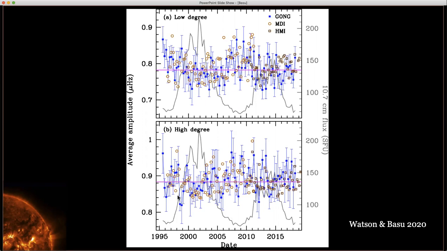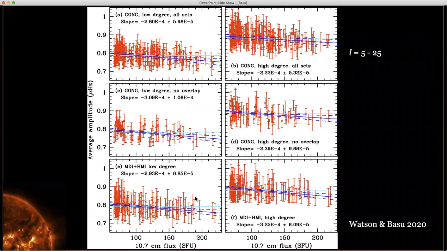The high degree data show something similar, but the errors and the uncertainties in the results are much higher. So instead of looking at just like this, we of course plotted it against the 10.7 centimeter flux. Sure enough, there is a statistically significant slope, a negative slope. What you see in these figures are just different sets with GONG and MDI and HMI.